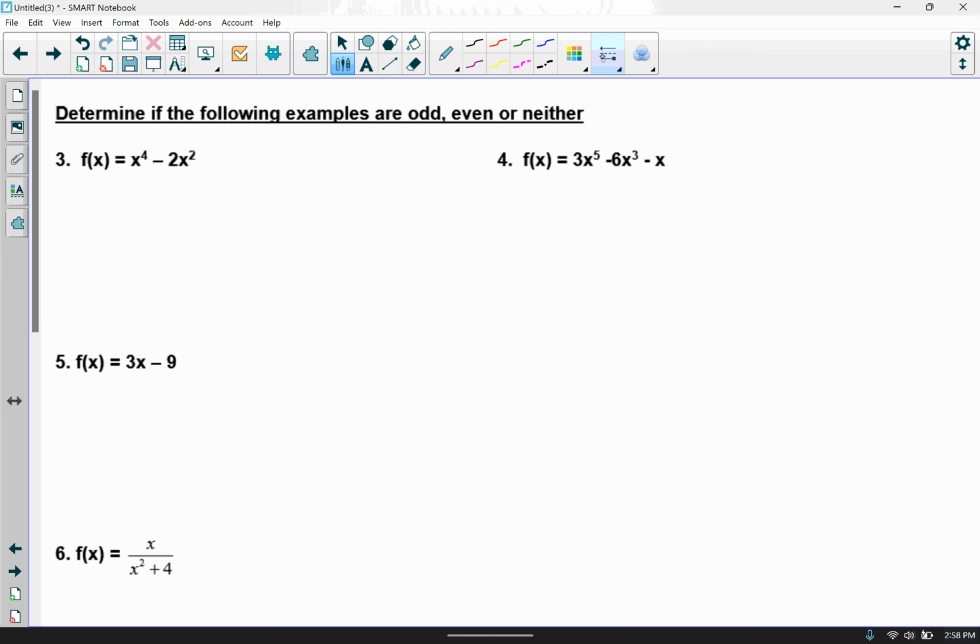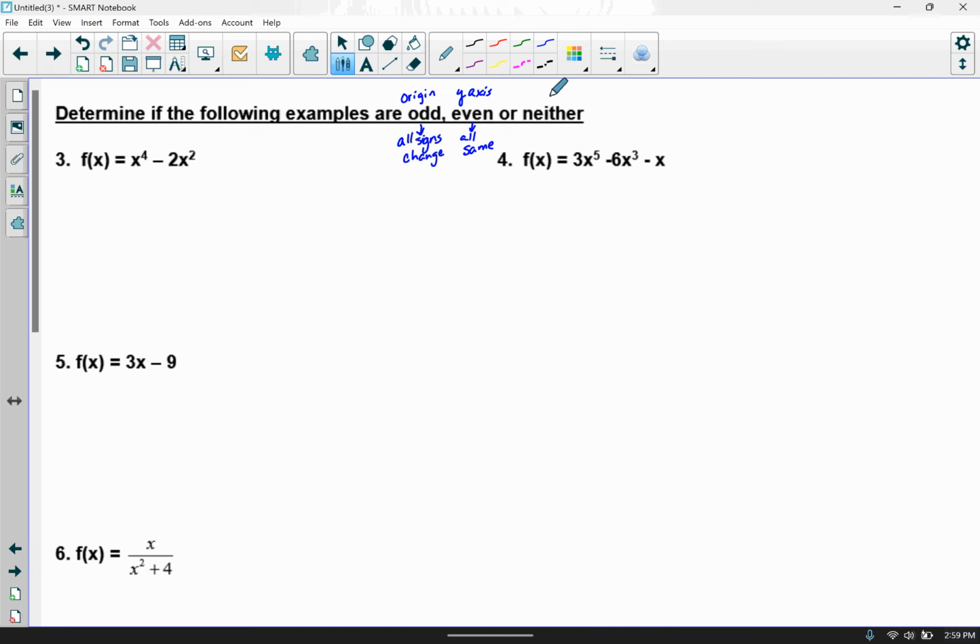All right, so let me just remind you, we're always going to find f of negative x. If your function is odd, you're symmetric to the origin, and all the signs are going to change. All signs change. If your function's even, you are symmetric to the y-axis, and all my signs stay the same.